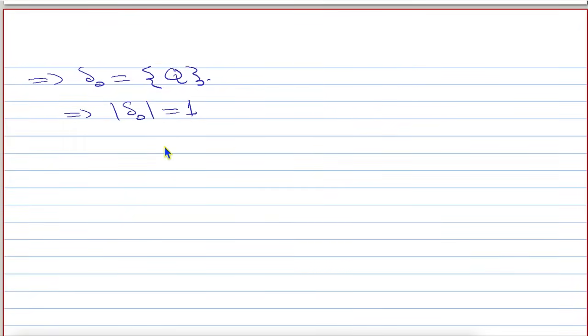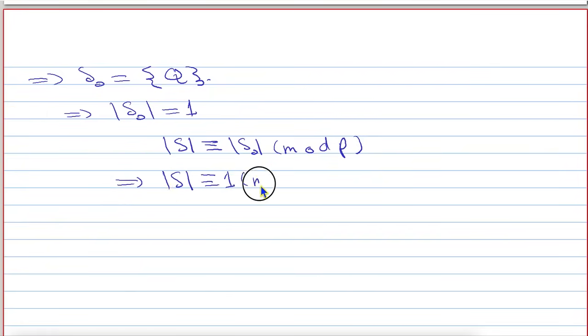Recall that the order of S is congruent to the order of S naught mod b. Okay, and we found that S naught equals 1, and this means that the size of S is congruent to 1 mod b. Okay, and therefore the size of S equals 1 plus k b for some integer k, and this completes the first part of this proof.